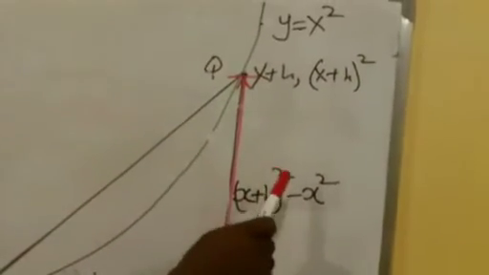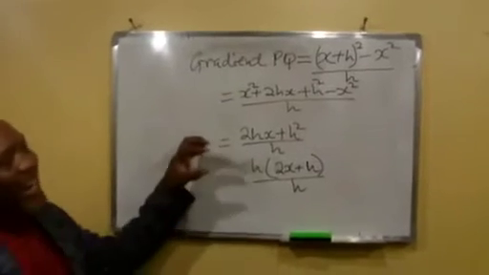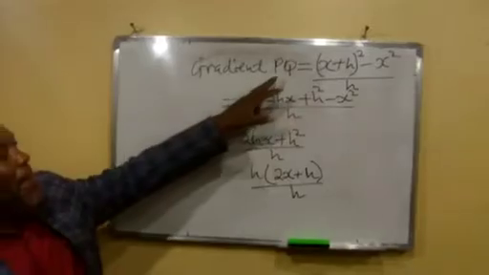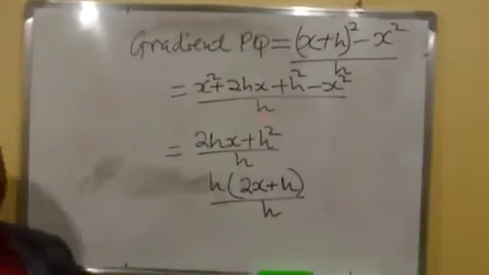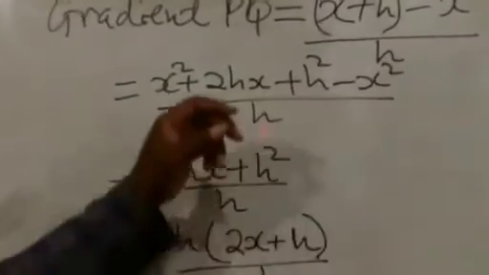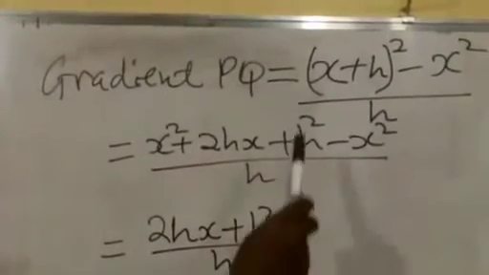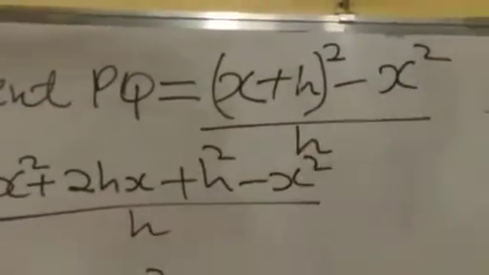It will be (x plus h) squared minus x squared. For the graph, points P and Q, we want the change in terms of h, which we have introduced. So the change on y will be (x plus h) squared minus x squared.